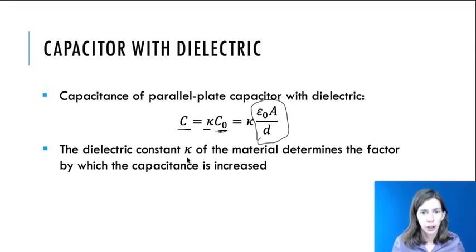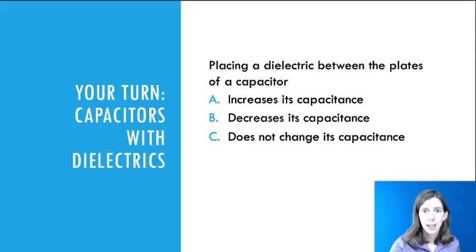So the constant is determining the factor by which the capacitance is increased. It will be simple plug-and-chug problems when we do have dielectrics, so we will do one of those in the practice problems, but for most of this chapter we will deal with capacitors without dielectrics, but they are often used, so it was definitely a good idea to mention them.